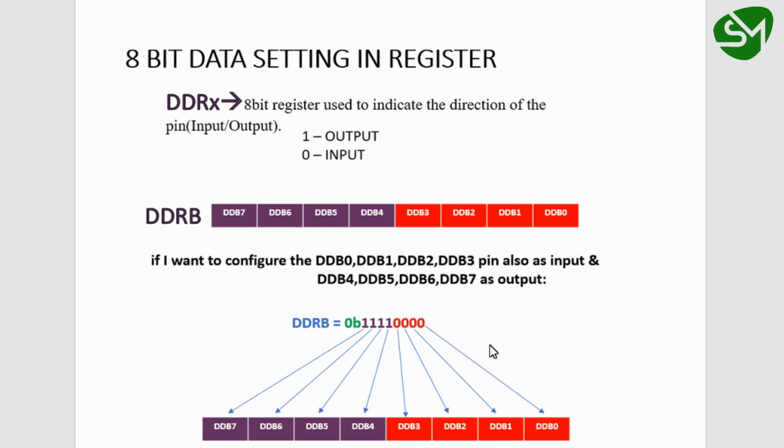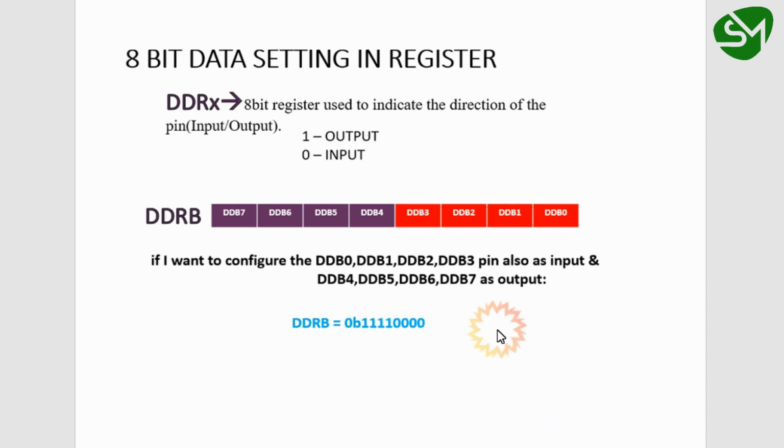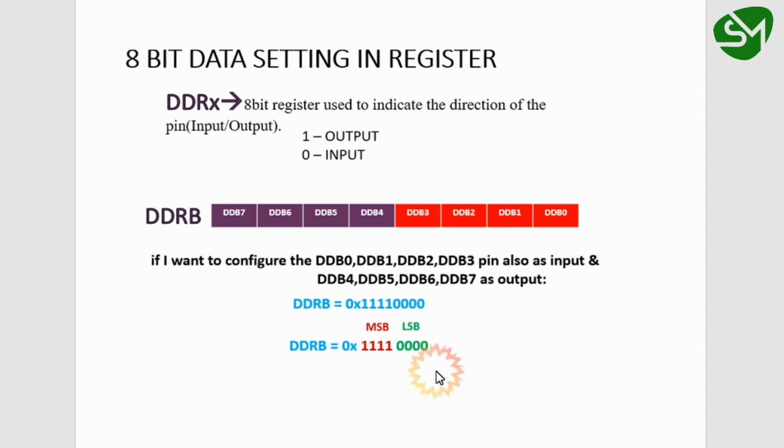So instead of configuring 8-bit binary data to the register, we can configure equivalent hexadecimal values for this binary data. For representing this binary data in hexadecimal, we just want to change this 0B to 0x. And then we split these 8 bits into 4 bits. That is, first 4 is MSB and next 4 is LSB.